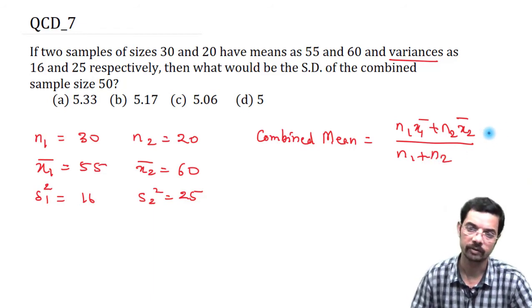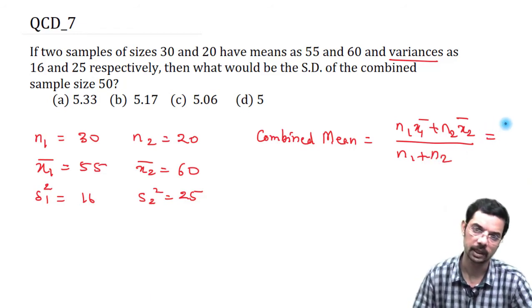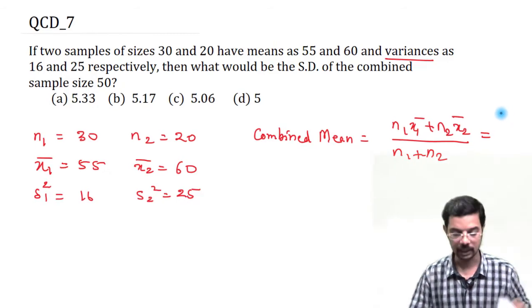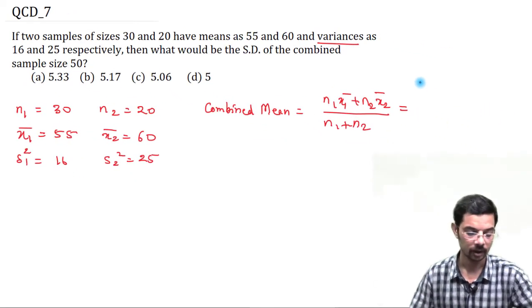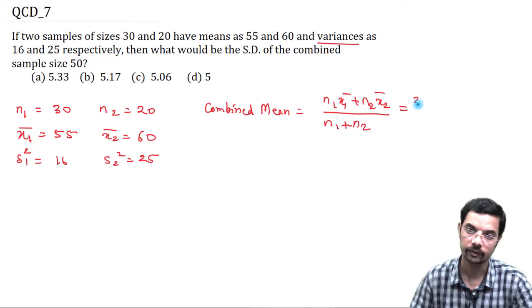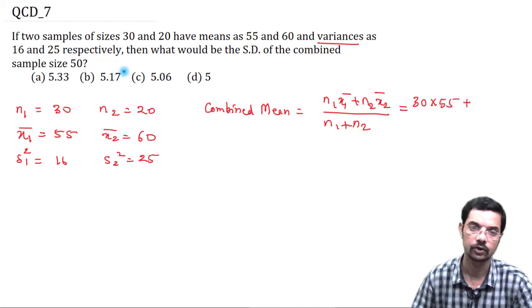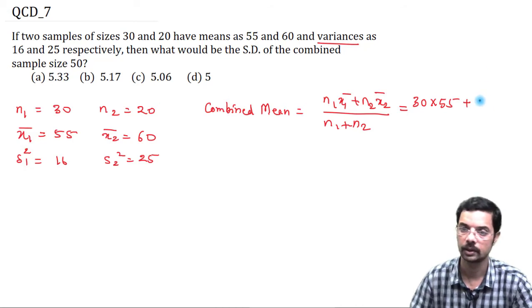When we put the values, we get 30 into 55 plus 20 into 60 divided by 30 plus 20.